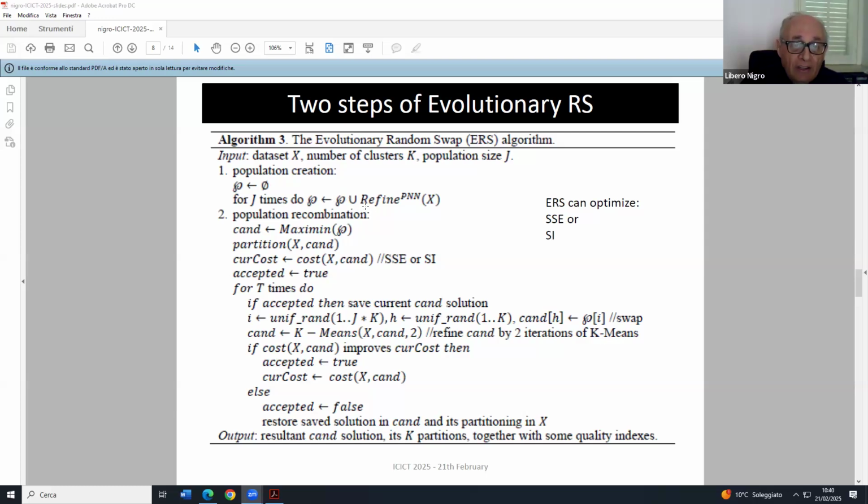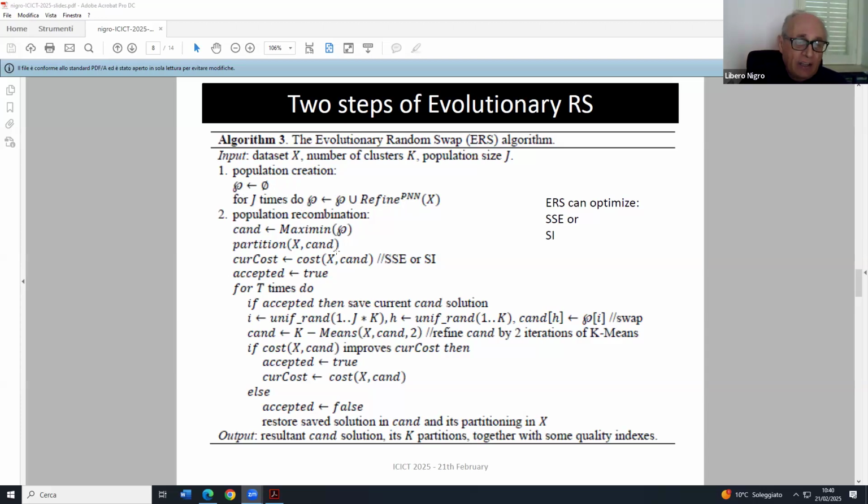So we apply refine PNN repeatedly J times, and use it to populate this set of initial solutions. J must be chosen according to the features of the data set which we have to handle.